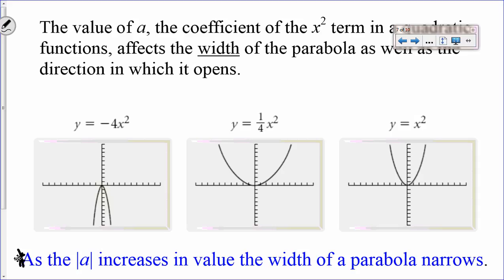You can see that here. A is negative 4, so the absolute value of A equals 4. Pretty narrow graph. Here, the absolute value of A equals 1/4. Pretty wide parabola. And our last example, the absolute value of A equals 1. It's somewhere between 4 and 1/4, so it's not too narrow, not too wide.